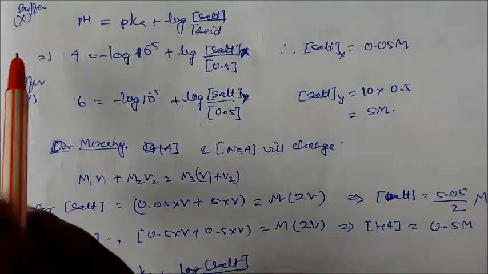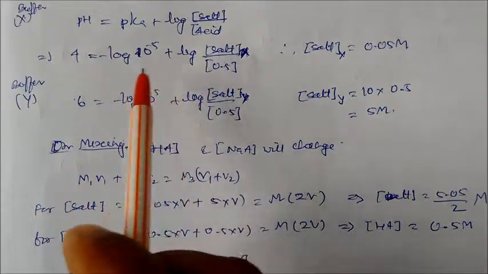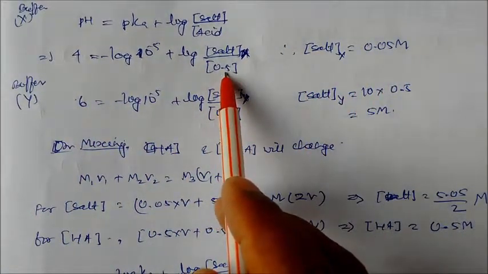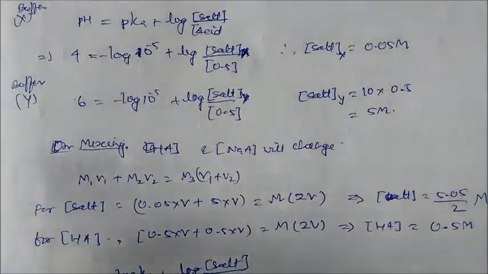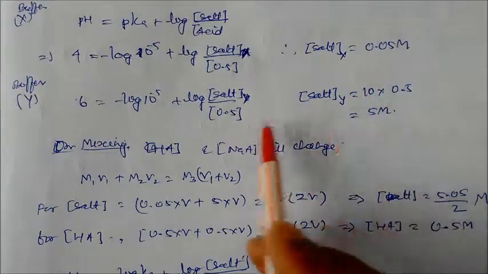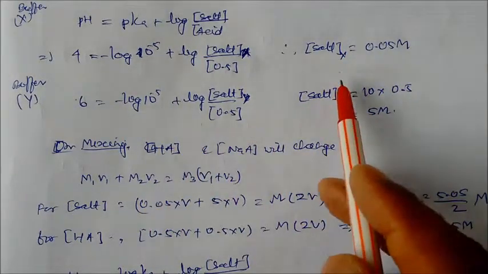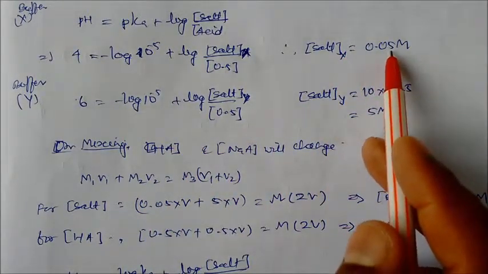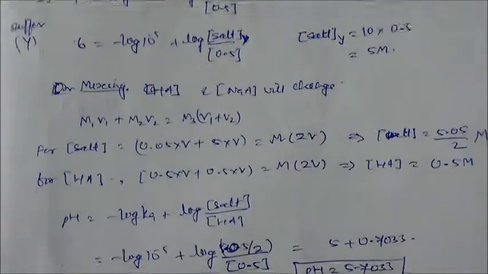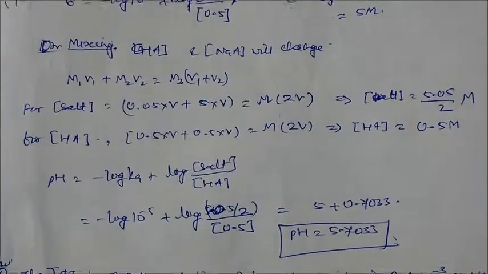So for buffer X, pH is 4, and here we will get the concentration of salt as 0.05 molarity because the concentration of acid is 0.5. Similarly for Y, pH is 6, so here we will get the concentration of salt as this much. On solving, we will get two concentrations. V will be the same. So on mixing, when you mix together, what will happen?